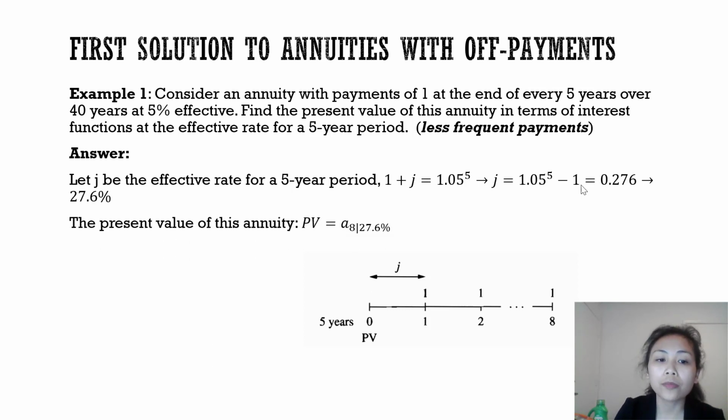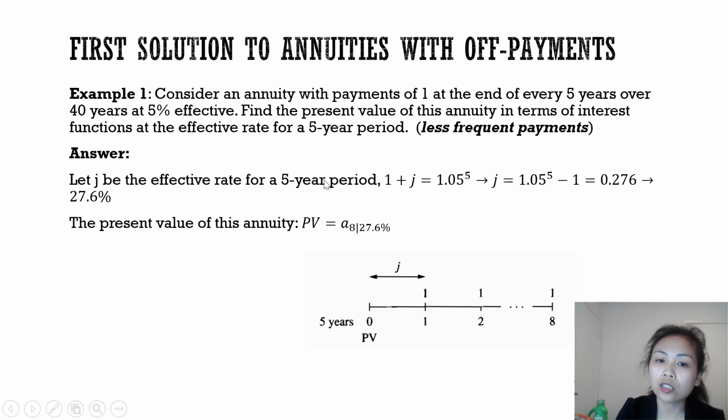Next, so here we already found J, the interest over the periods of 5 years. You see that here we fix the periods of payment, which is once in 5 years, and we change the periods of interest.